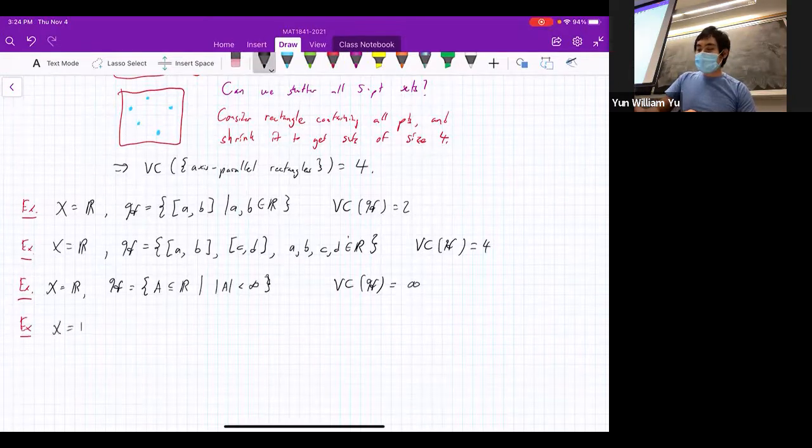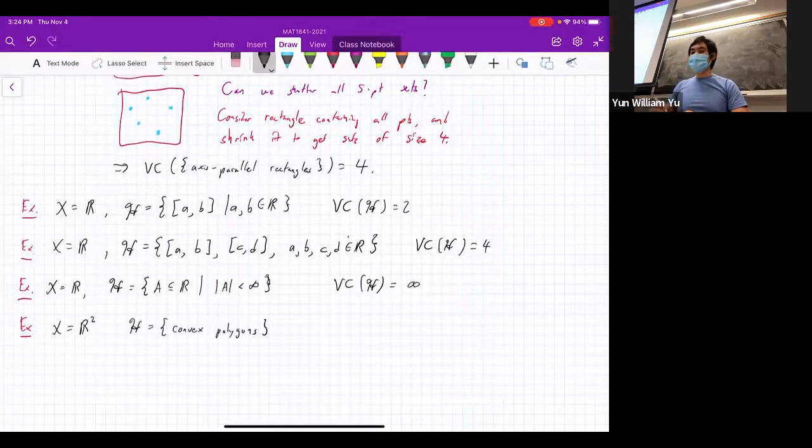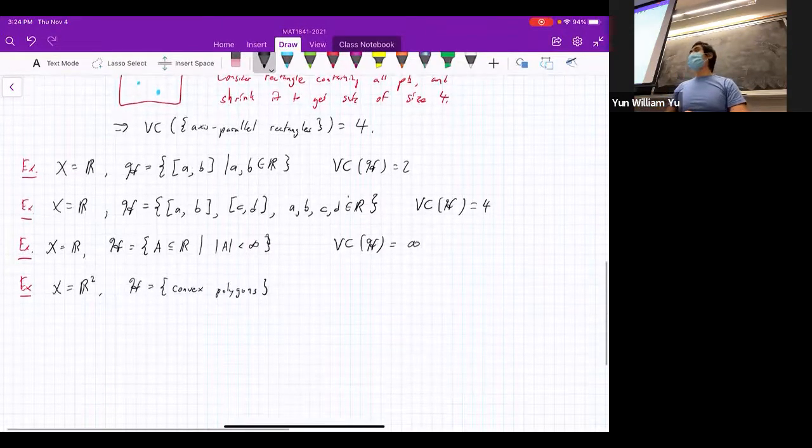Let's say that x is equal to R squared, and h is the set of convex polygons. Now we're starting to get into things that are a little bit more realistic, because you may actually want to be working in R to the n and deal with convex polytopes as your class of concepts. So separators, basically. If you're thinking about this from a machine learning perspective, think about these like the hyperplane separators that you'd see with an SVM type model.